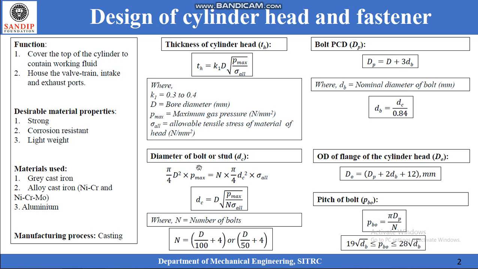The time required for assembling the cylinder head using bolt is less as compared to stud, since bolt has to be screwed only once, whereas for fastening the stud, first the stud has to be screwed inside the cylinder, then cylinder head has to be mounted, and then nut has to be clamped onto this cylinder head.